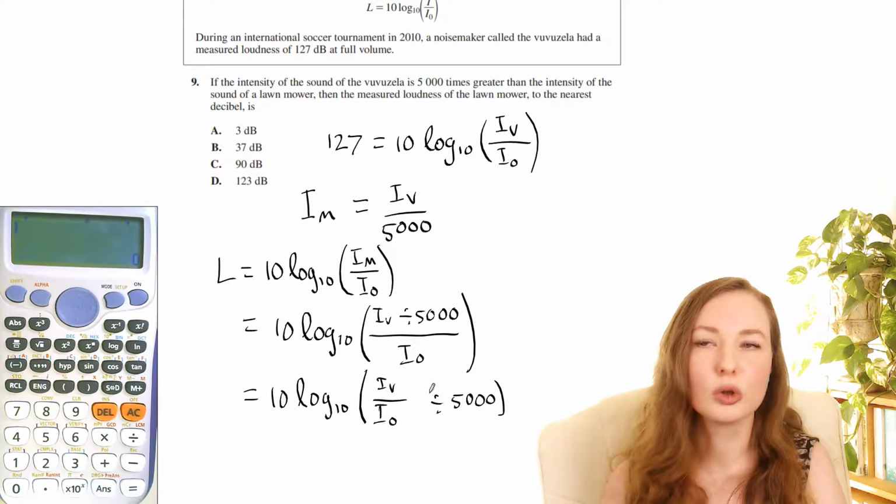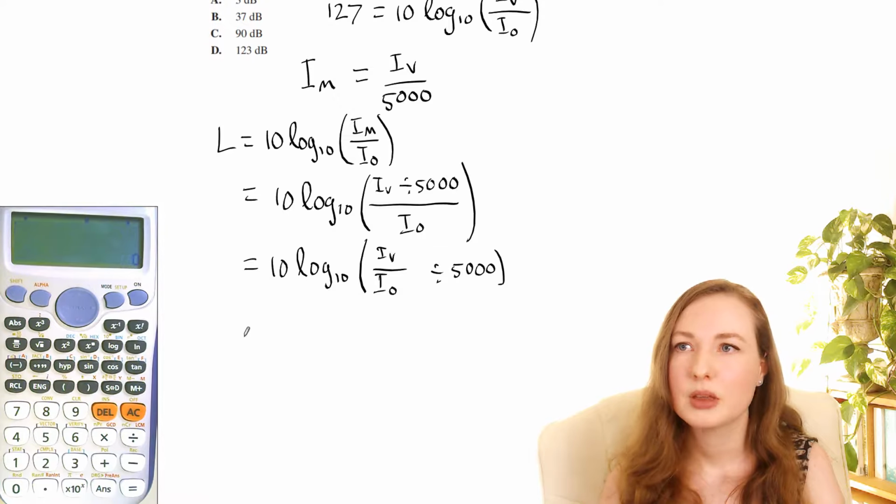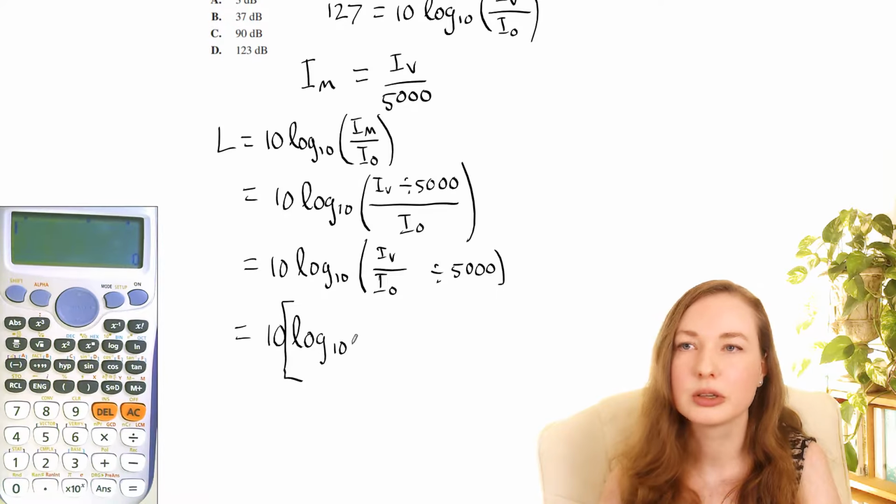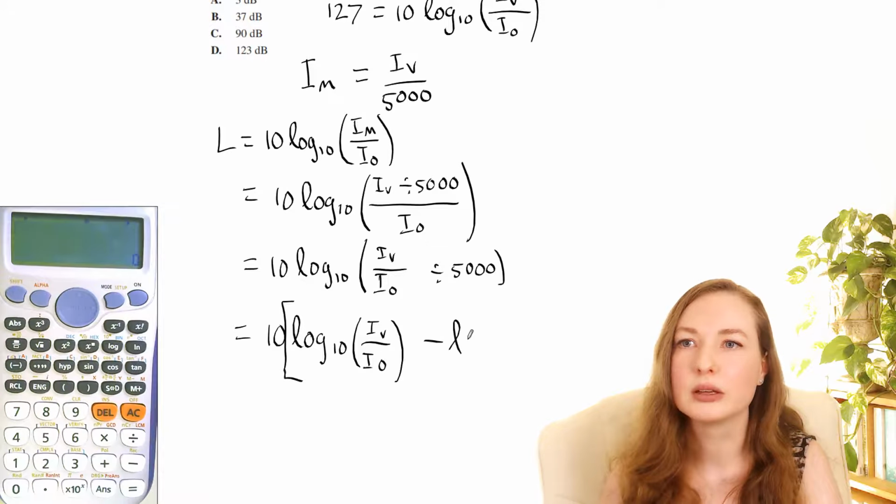And then we can use the log law about division turning into subtraction. So this is going to make 10 log 10, actually let's put some brackets around that, 10 log 10 of IV over I0 minus log 10 of 5,000.